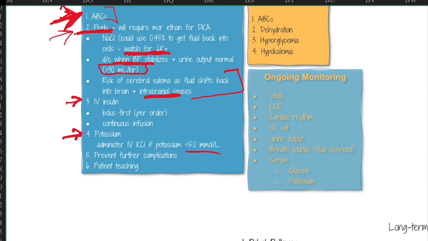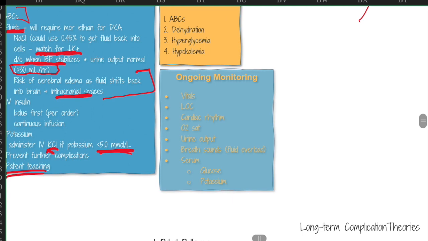It may be 5.5 when they get there, but you will take blood work constantly, probably Q1, and you will see this start to drop usually, and we'll have to have that KCL ready. Sorry, it's potassium chloride. And then, of course, you've got your prevent further complications in your patient teaching, which I know none of you will have a problem answering.